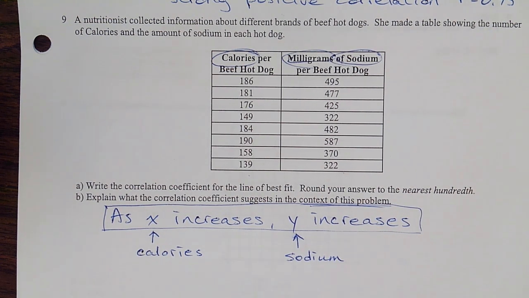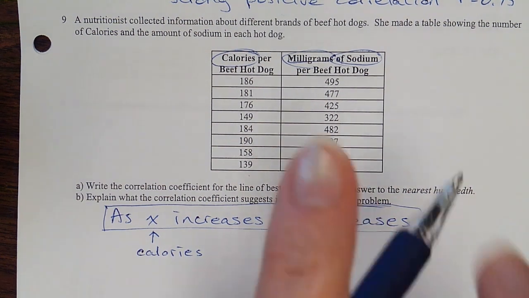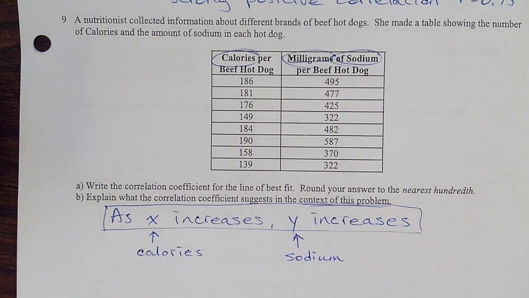Yeah, Jaden? Shouldn't it be the opposite, where calories is y because it depends on how many milligrams of sodium you're on? Or you could say both. Yeah, and this one it's interchangeable. Just like the other assignment that we did the other day, like your shoe size and your height.